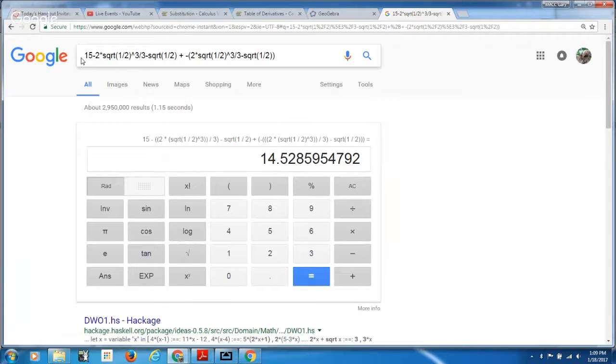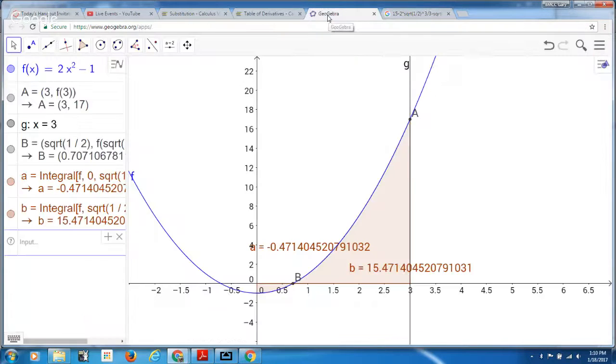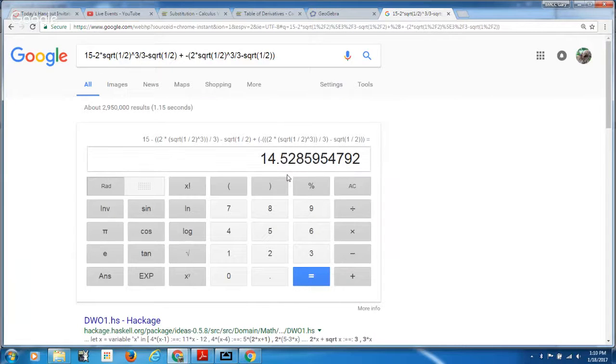15 minus that, all right, plus the opposite of that. So it should be 16 point something. How do I type something on here? Let's get back to the notes here.